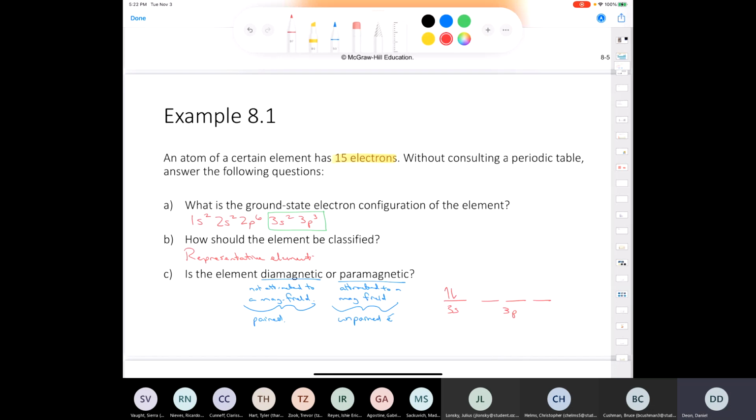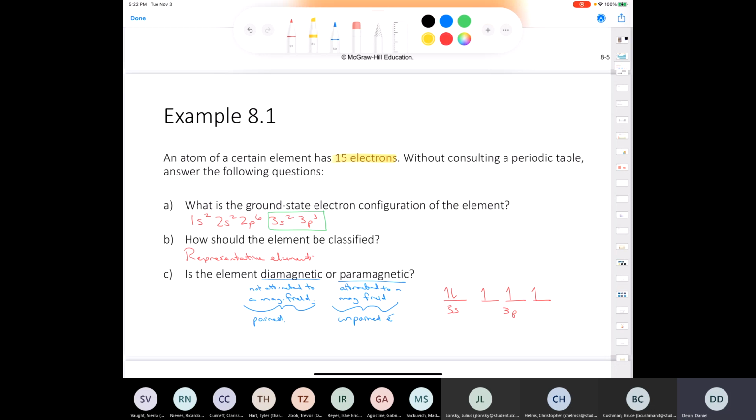In the 3p orbital, I have 3 electrons, and I'm going to put them in there according to Hund's rule, right? I have to have the maximum number of electrons with parallel spin. So 1, 2, 3, like that, right? Remember Hund's rule or the bus rule? They're all going to take an individual seat until there's no individual seats left.